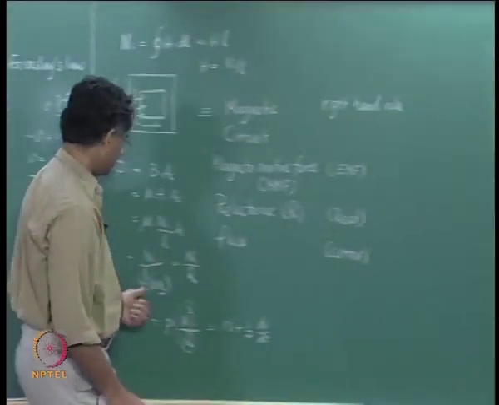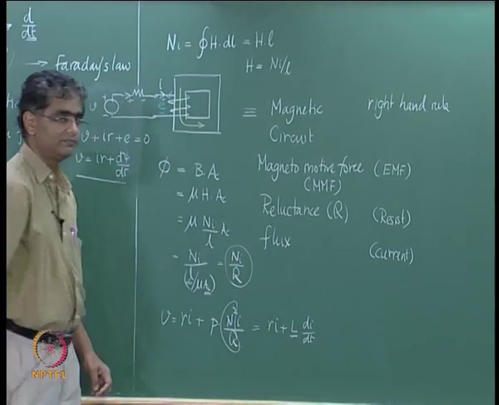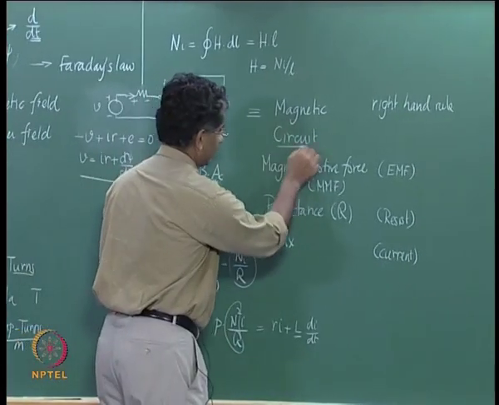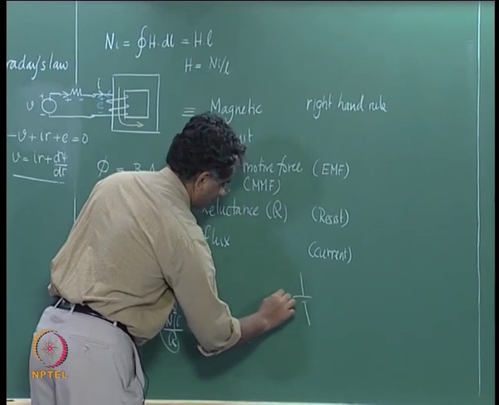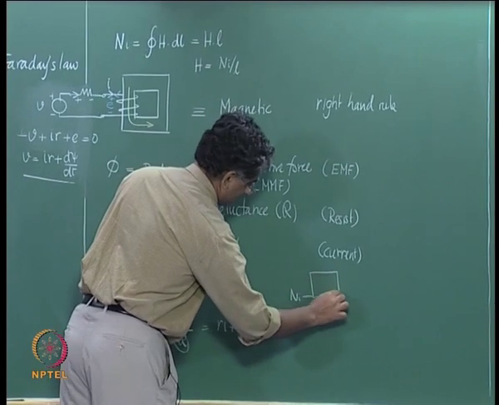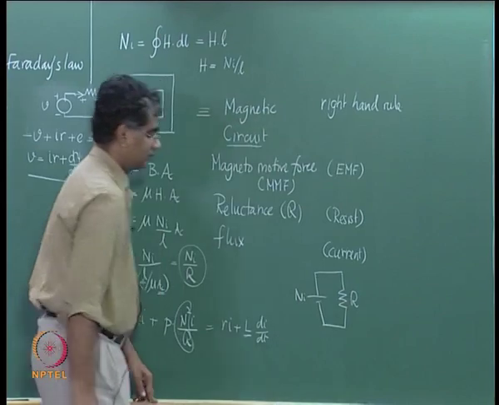In the earlier case you had phi equals Ni by R, and therefore what we can say is that the circuit here looks like an MMF N into I applied across a reluctance which is R.